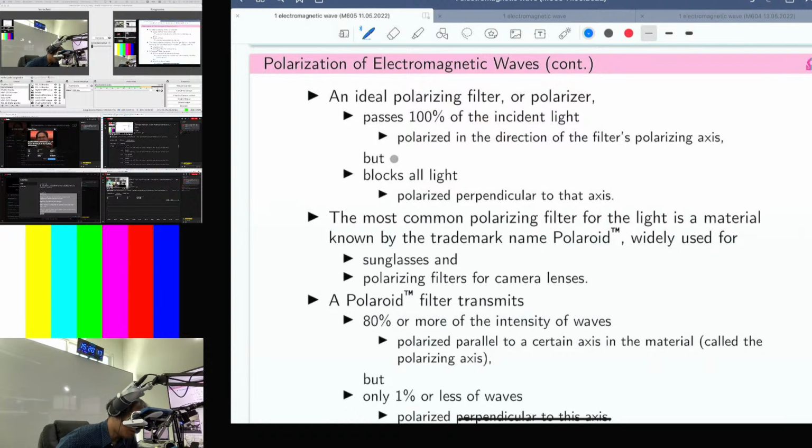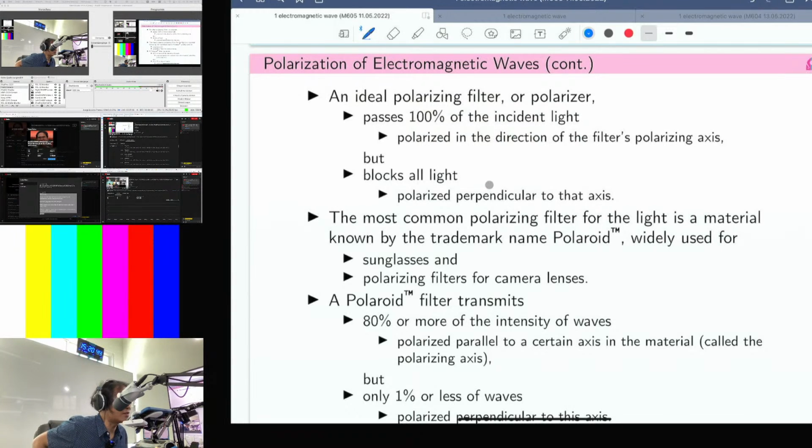Okay, what about another property of the polarizing filter? It's going to block all light, if that light is polarized to be perpendicular to that axis. If the light has the polarizing axis perpendicular to the axis of the polarizing filter, that light will be completely blocked.